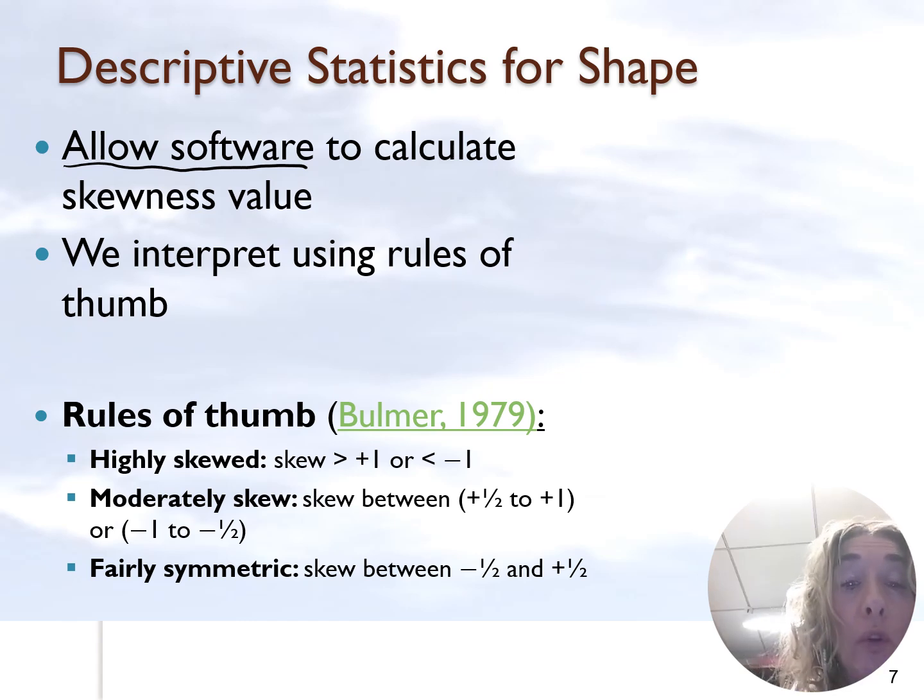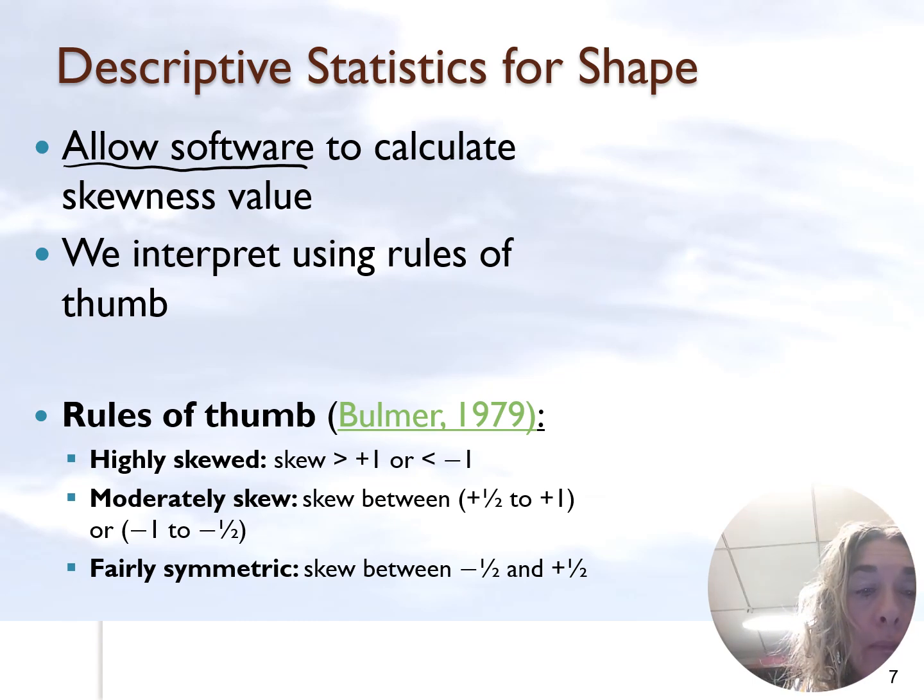Okay, so here are some rules of thumb relative to skewness. We say that a distribution is highly skewed if its skew value is greater than 1 or less than -1. Or another way to say that, a distribution will be highly skewed if the skew value has an absolute value greater than 1.